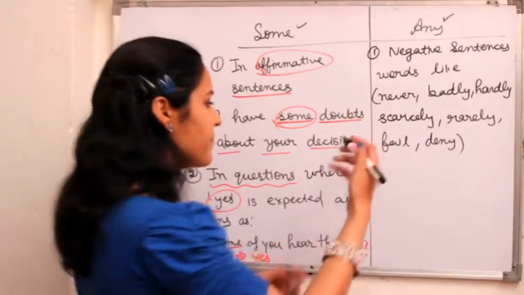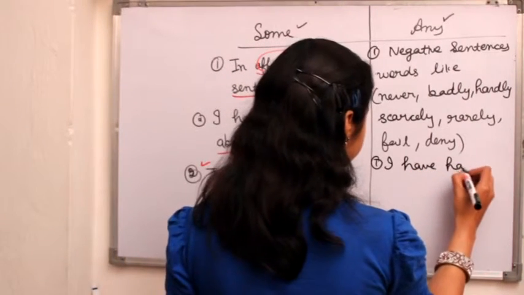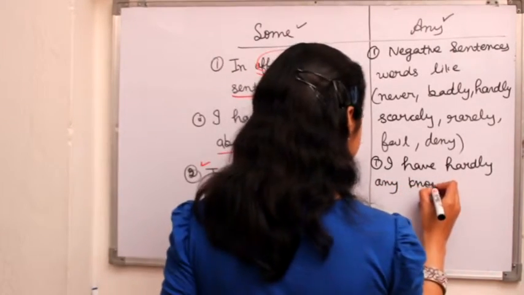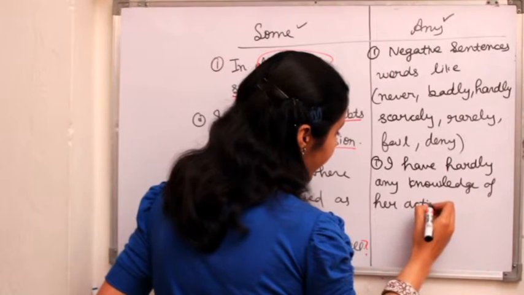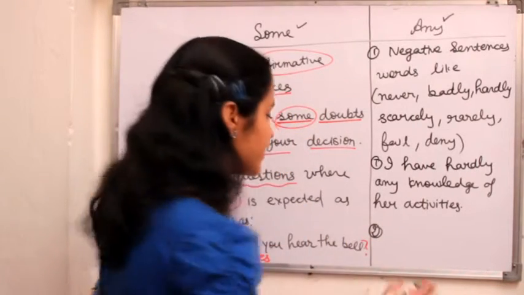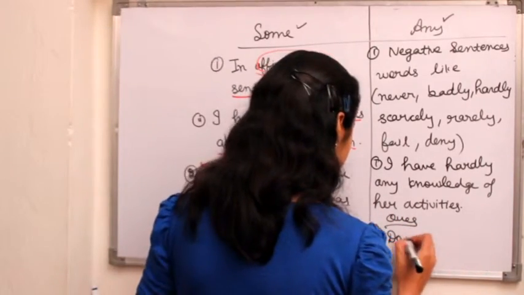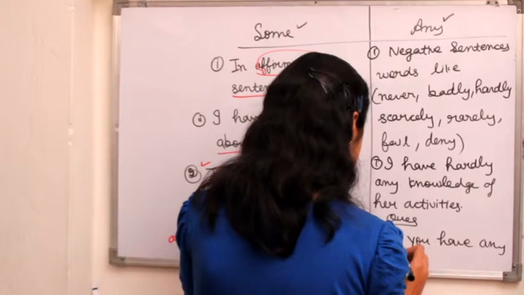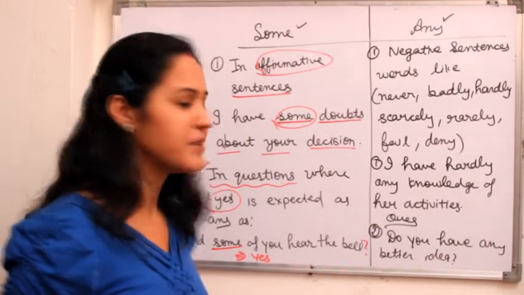So have a look at this example. I write here, I have hardly any knowledge of her activities. So friends, I'm talking about any.